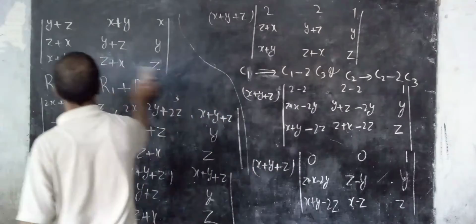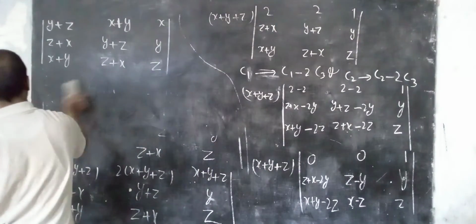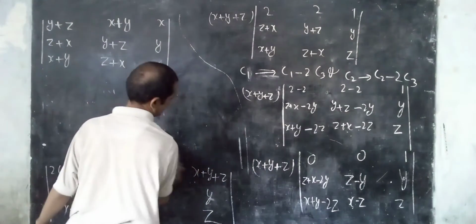So now we expand the determinant with respect to the first row.